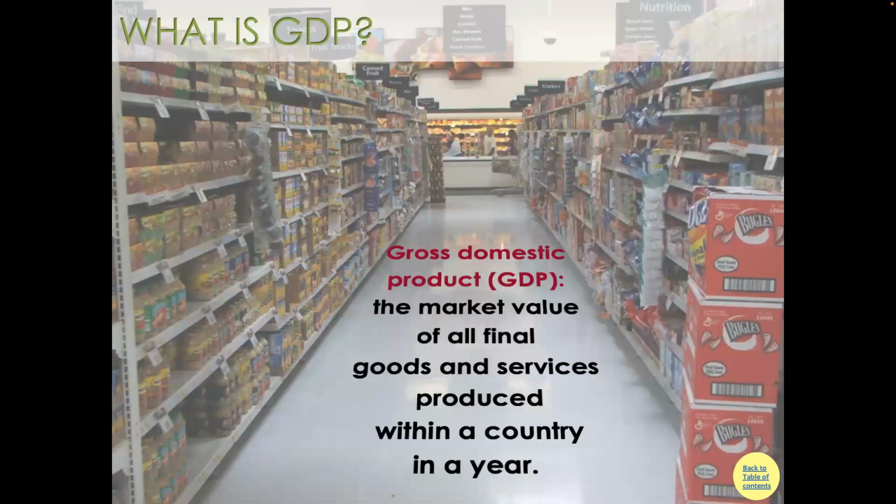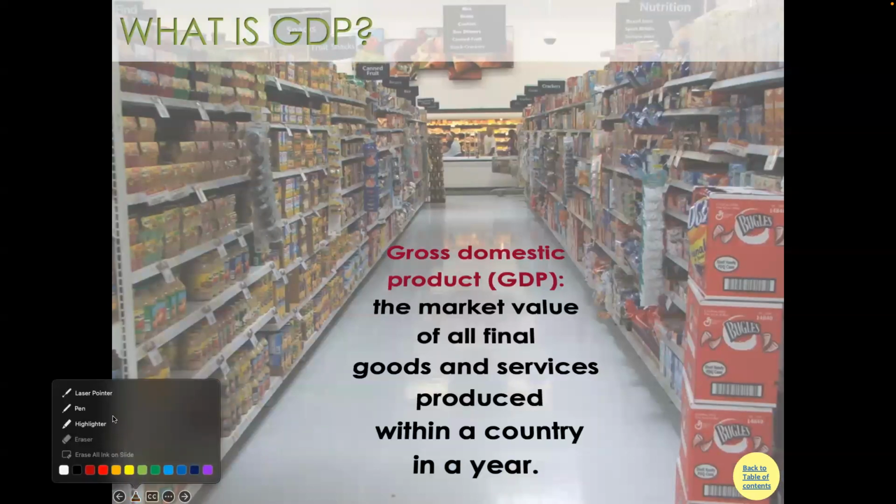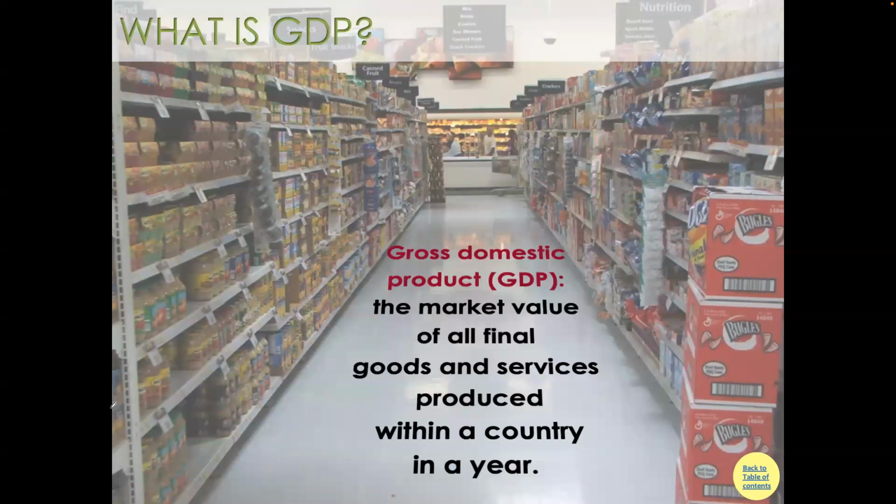Okay, now we are going to have this definition for GDP. GDP stands for gross domestic product. So I would like to break down this definition in several parts. So first is market value.